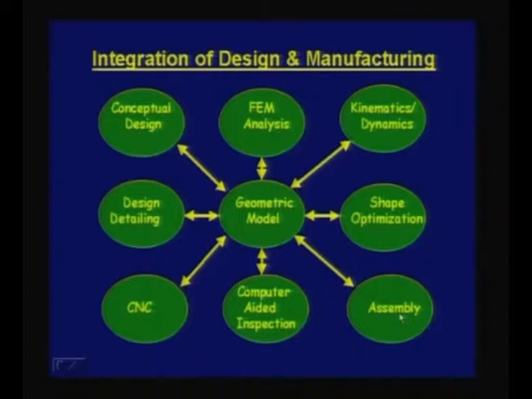So, again geometry is an input, and in assembly also we know that you make use of the geometric features of various parts to carry out the assembly process, or even to automate it. When two parts are mating, the mating relationship is usually expressed in terms of some geometry.